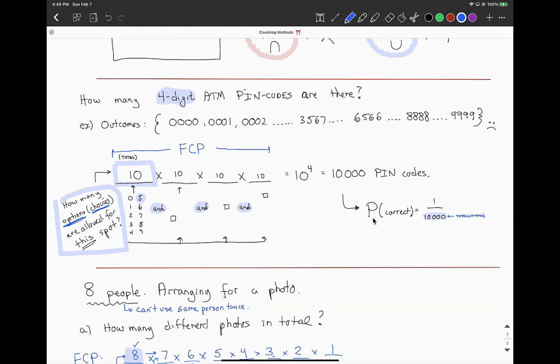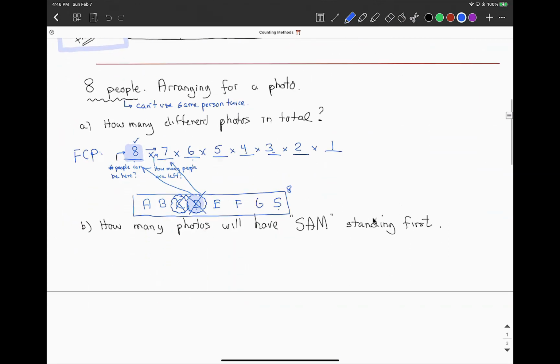I mean, when you pick 0, why can't you pick 0 again? It's not like it's a person, it's not an object. It was allowed to use the same number twice or all 4 times. But in this case, you naturally lose a person when you arrange them in a very specific order.